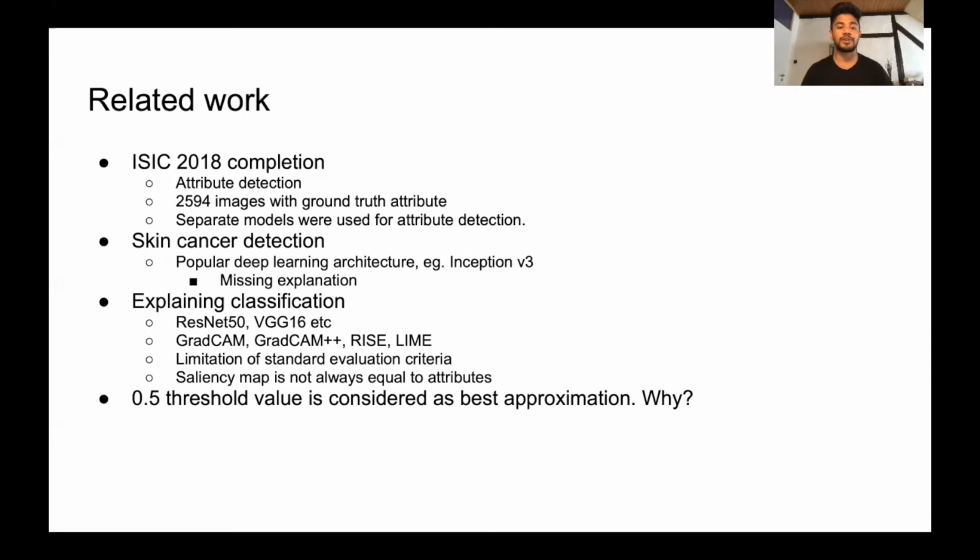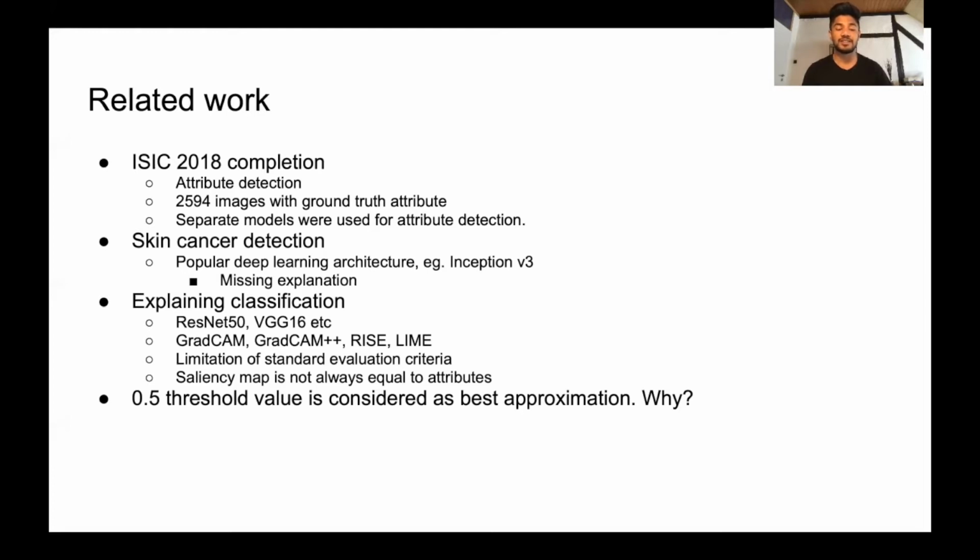In that competition, 2,594 images were given for attribute detection, and different people used different models, for example CNN classifiers.